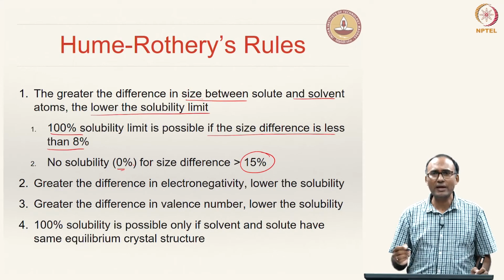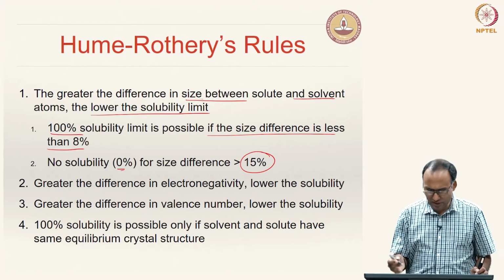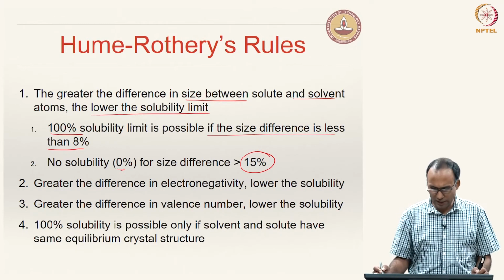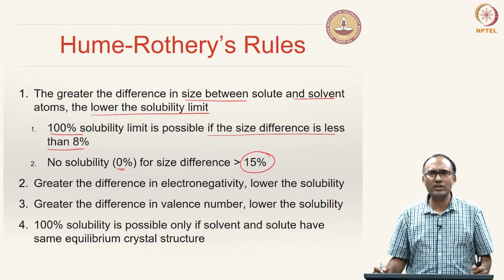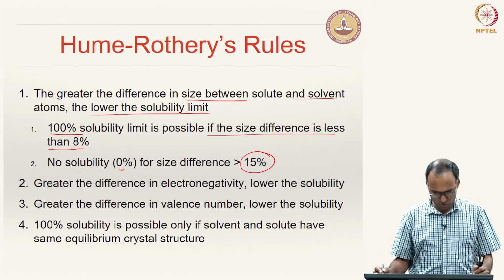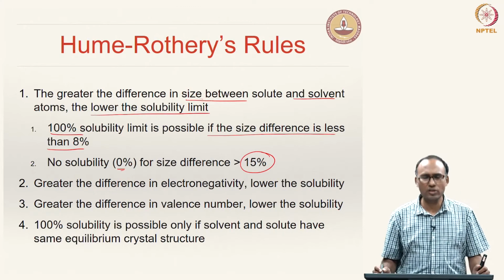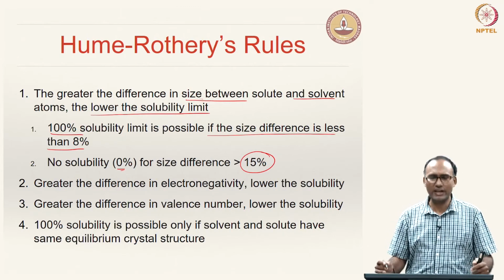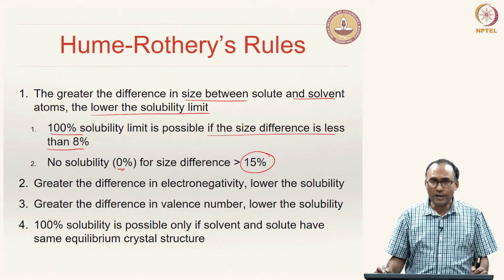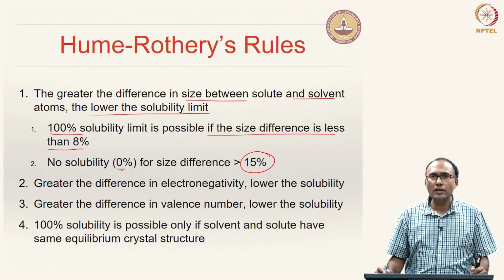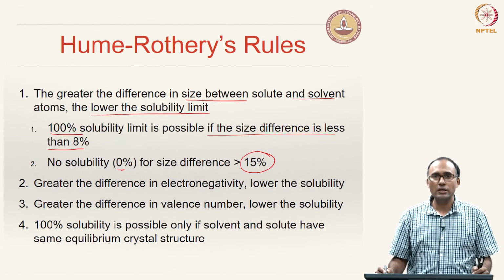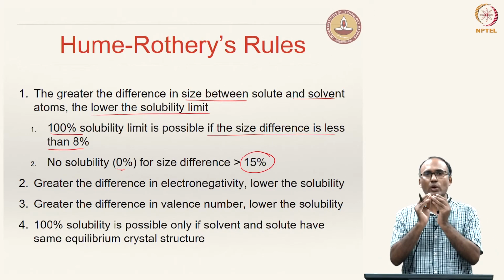The rules that we are talking about here are true for substitutional solid solutions. The numbers may be a little different for interstitial solid solutions. But here we are focusing on substitutional solid solutions just to get an idea. And again, the solubility will diminish if the electronegativity values of these two atoms are very different.